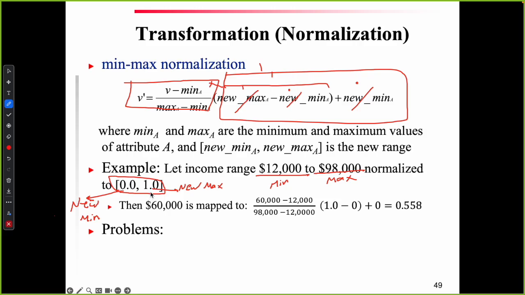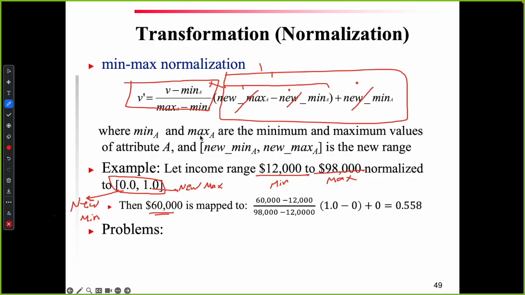Now, here is just one example, and if you have enough practice with this, it will be very easy. For example, let's say you have income ranging from 12,000 to 98,000, and you want to normalize this value into this range.